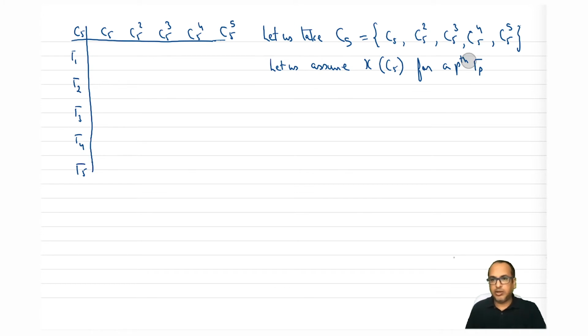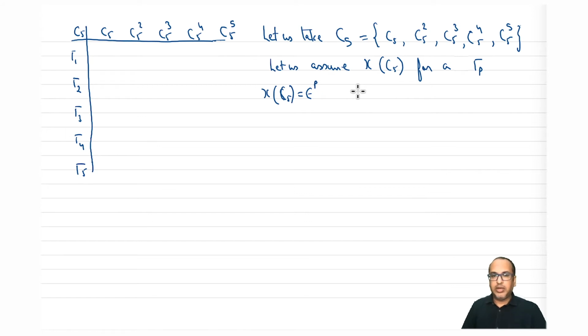So we are assuming a general complex number as the character under this. Let's say that it is epsilon to the power p, which is the character under C5 for any pth representation. If it is tau 1, we can call it epsilon to the power 1. If it is tau 2, we can call it epsilon to the power 2, and so on and so forth.